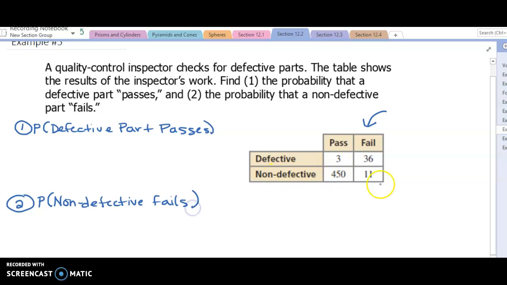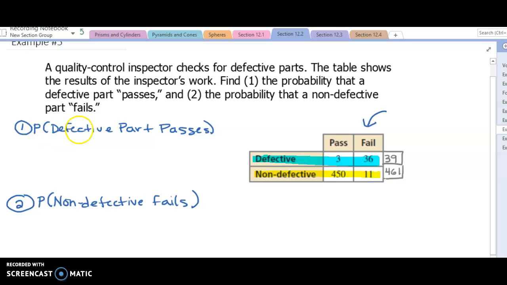All right, so we can get all this information here. The first thing I want to do is look at just the defective parts. If 3 defective parts pass and 36 fail, that means they tested a total of 39 defective parts. Then if I look at the non-defective parts, 450 pass and 11 fail, that would mean they tested a total of 461 non-defective parts.